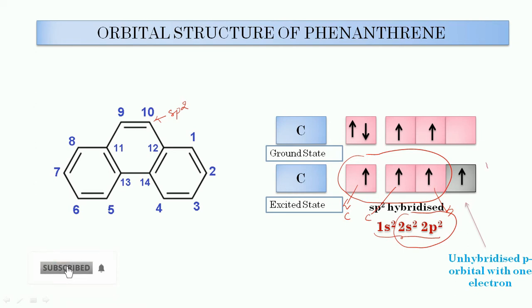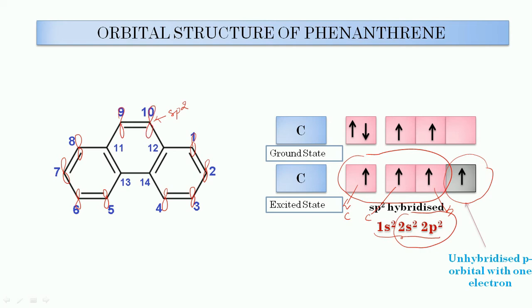All the 14 carbons have one unhybridized p orbital with 1 electron, and finally these unhybridized p orbitals undergo side-wise overlapping below or above the plane to form the rings.